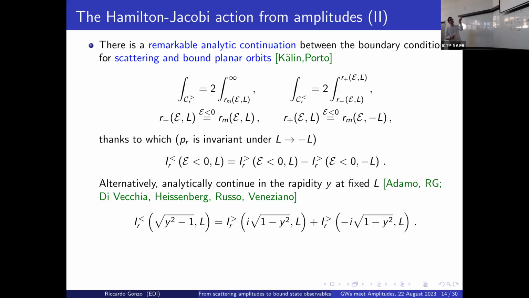This is the critical way of finding the relation, because if you didn't have this relation between R plus and R minus, you could not go from boundary to bound. That just doesn't work. The way to see this is to think about a potential up to quartic orders, which we solve by radicals. When you solve by radicals, you have plus-minus signs in front of the square roots, and it just turns out that if you flip the sign of the orbital angular momentum, you can flip one of the square roots.